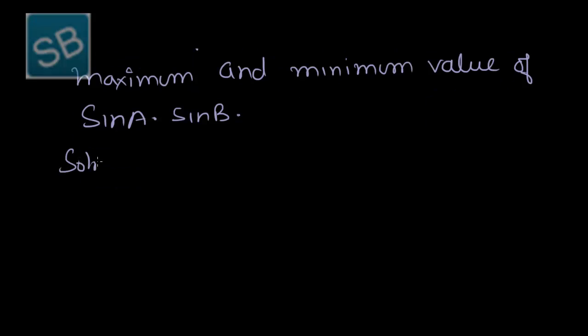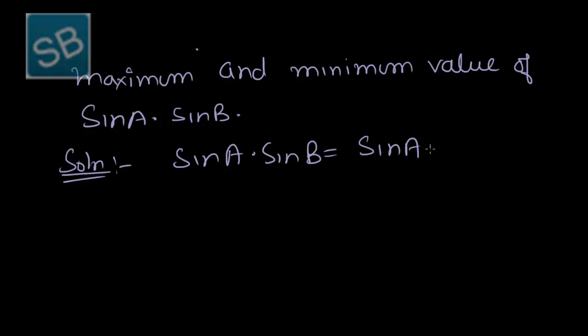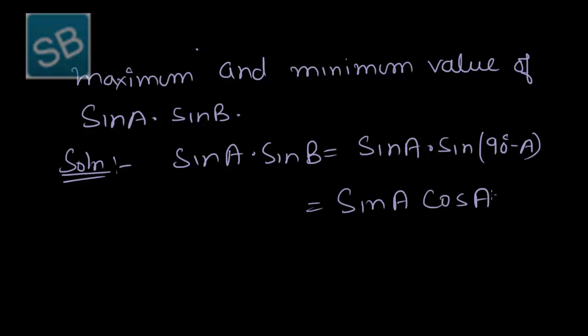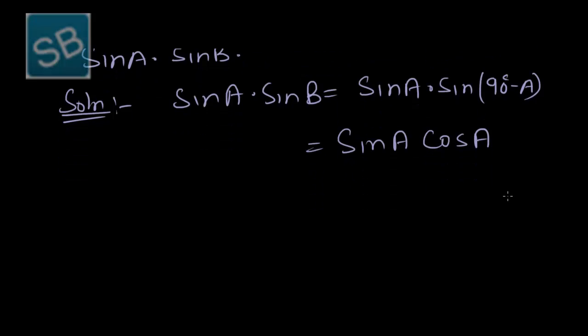So as we have, sin A into sin B is equal to sin A into sin of 90 degree minus A, as A plus B is 90. So B is 90 degree minus A. So sin of 90 degree minus A is cos A. To make it in the form of product, we have to multiply and divide by 2.